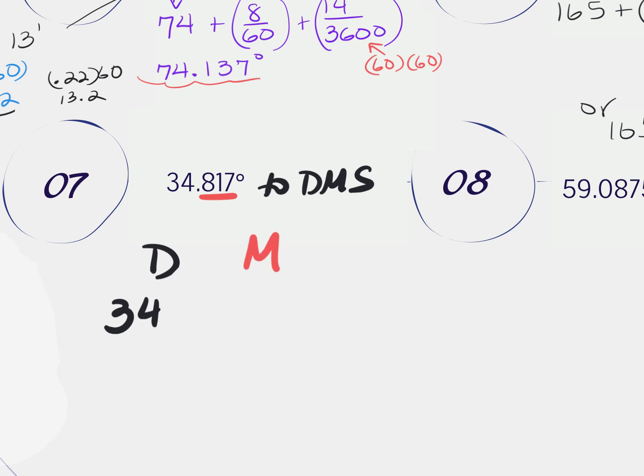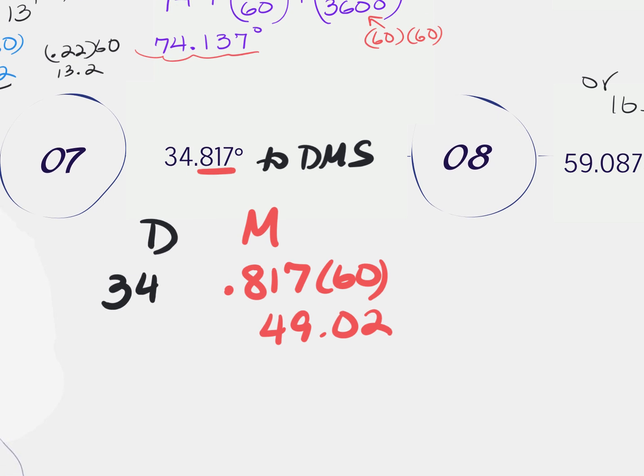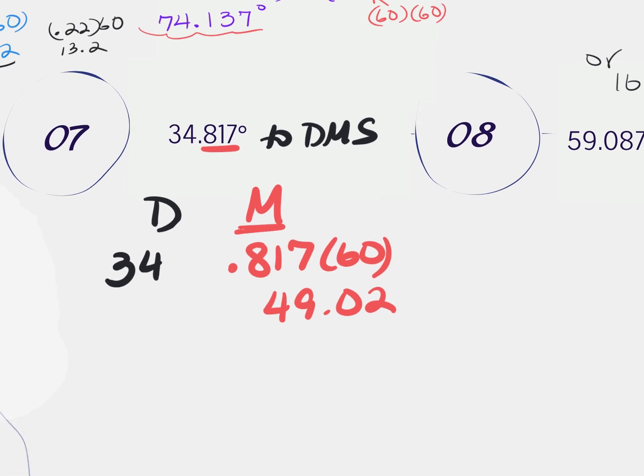So to get my minutes, I take 0.817, times it by 60, and then this is going to give me 49.02. So now my minutes are just the 49. So far I've got 34, and then my minutes are 49.